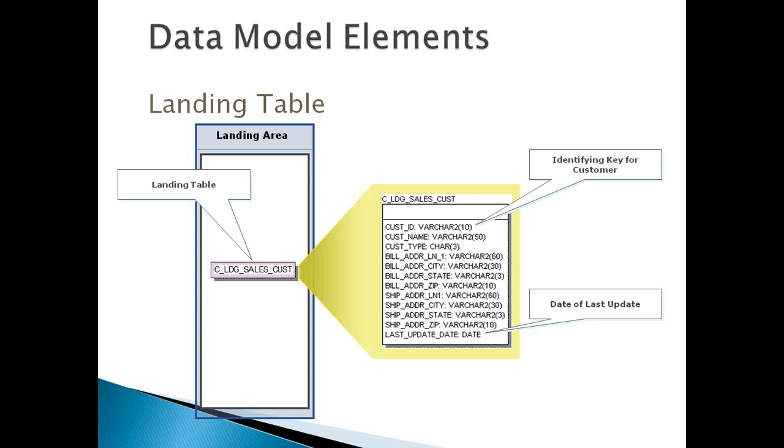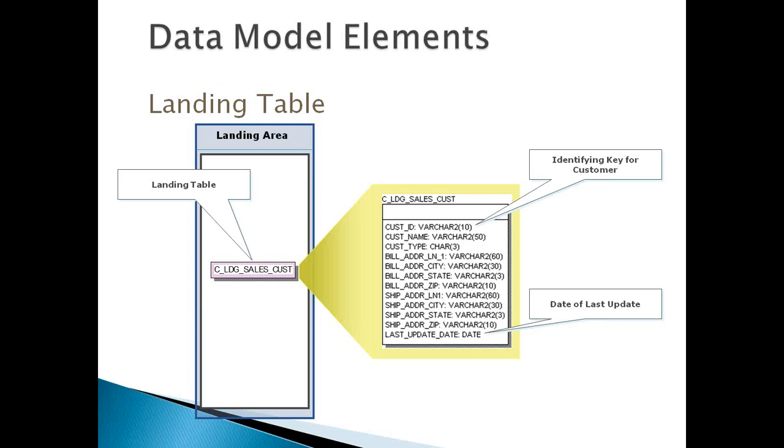Even though in your base object or the final table it might be a not null column, here we usually keep everything nullable in the landing table, because we want to load everything and then find out the quality of the data, which is bad, good or duplicate, and process it accordingly.